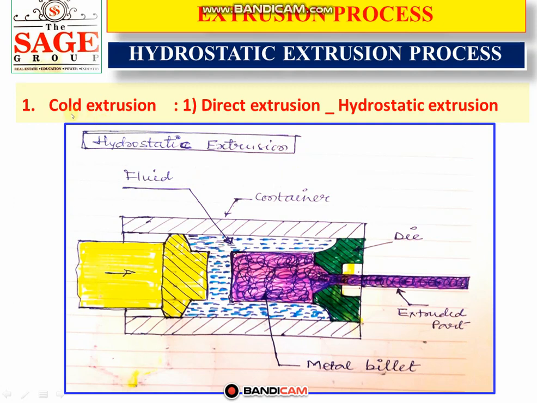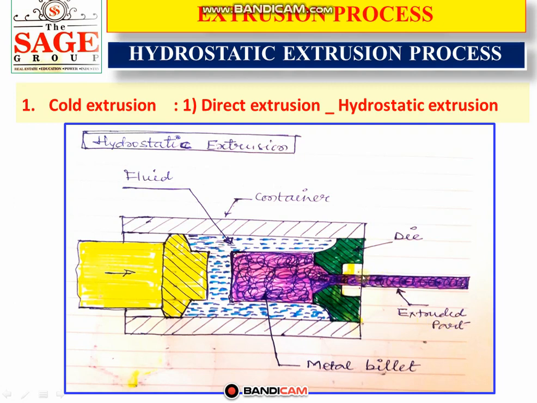So in cold extrusion process, the first method is direct or forward extrusion process, in which we are going to discuss the hydrostatic extrusion process. Components are the same. This is a container or cylinder, and at one end of this cylinder there is a die of the required shape that we need in the final product.